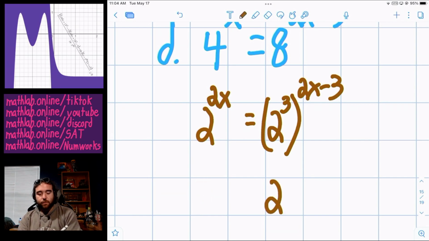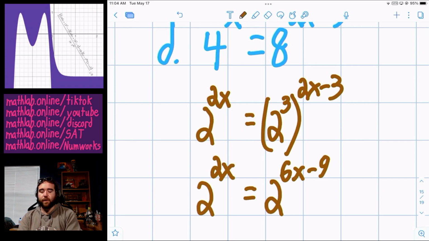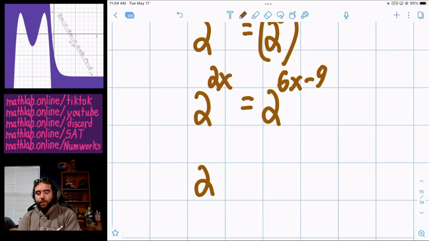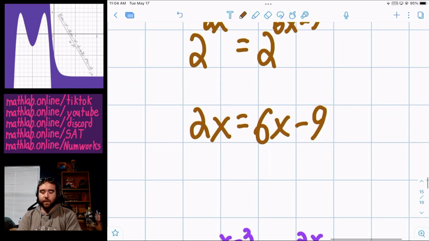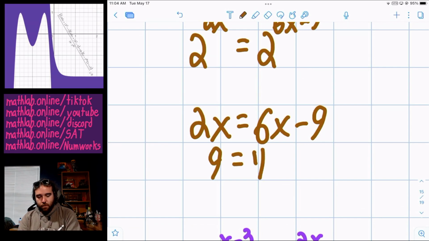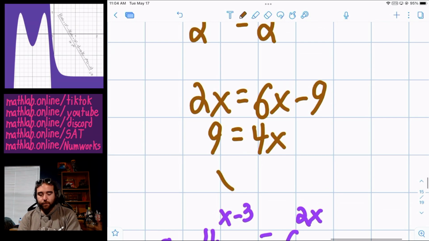We'll distribute this, we'll multiply the 3. So we'll get 2 to the 6x minus 9 equals 2 to the 2x. So then we get to compare the exponents and say that 2x equals 6x minus 9. So let's move the 9 over, move the 2x over, and divide by 4. So x equals 9/4.